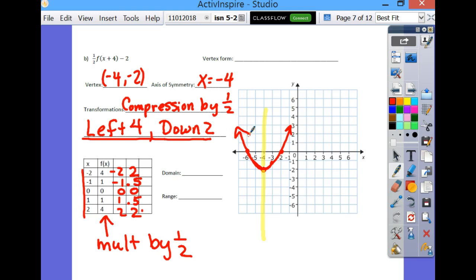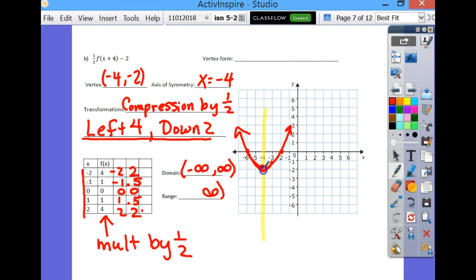That parabola should look wider than the parent graph parabola, because when you compress it vertically, it's going to make it spread out that way. Domain is the same. The arrows are pointing up.